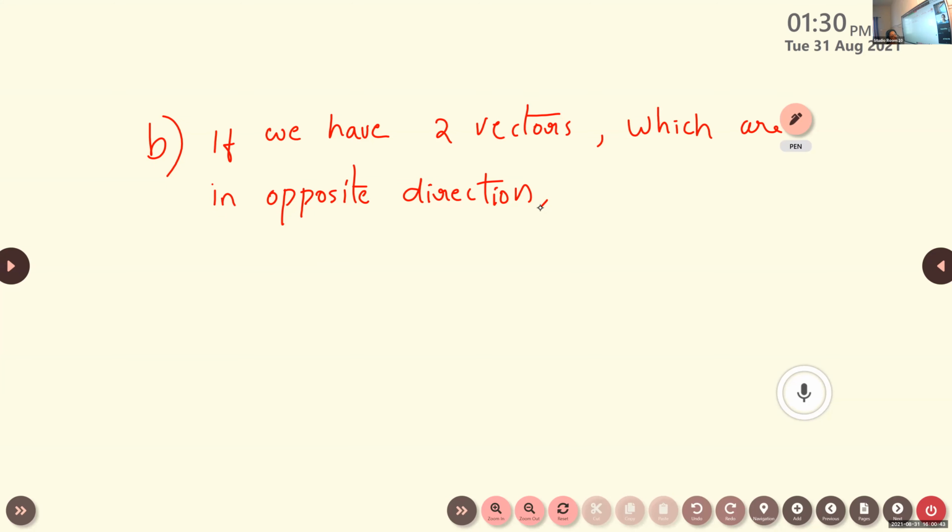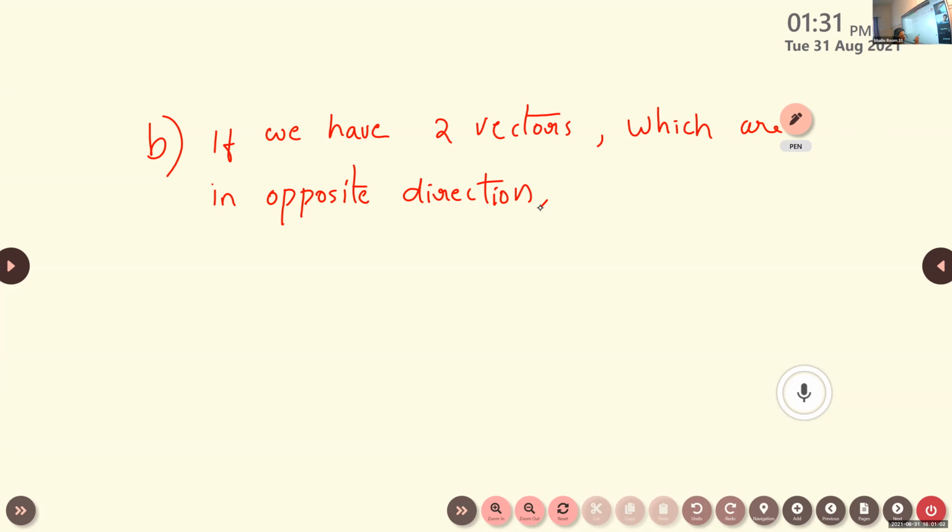Negative? Yes? Say it louder. Anyone? Difference between. Yes. Then the resultant vector will be the difference between the magnitudes of the two vectors.